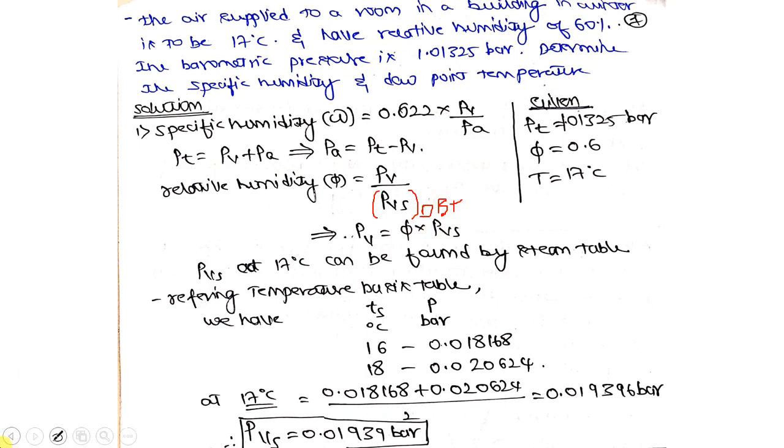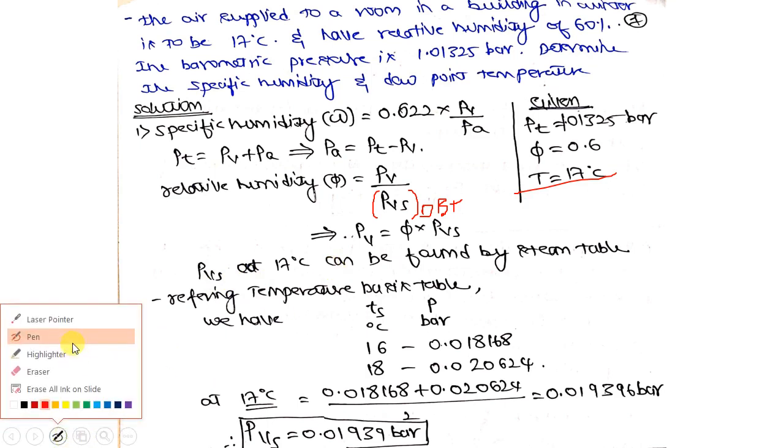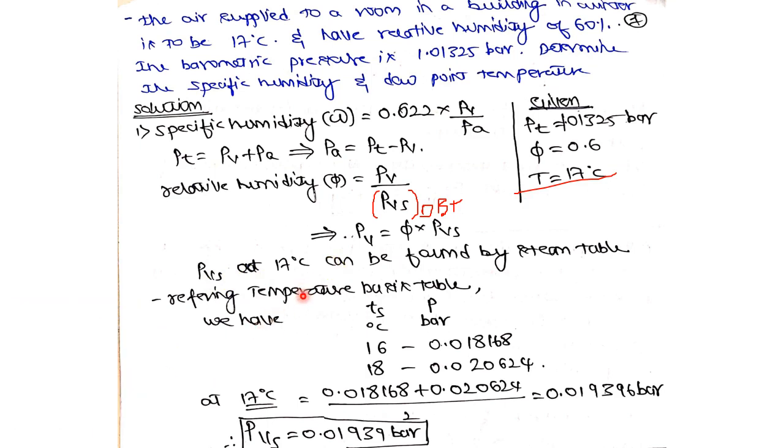Here the dry bulb temperature is given as 17 degrees Celsius. So PVS is equal to the saturation pressure at 17 degrees Celsius. Listen very carefully. How do you find PVS at 17 degrees Celsius? For this, you have to make use of the steam tables. You will have steam tables on two bases: one is the pressure basis, the other is the temperature basis.